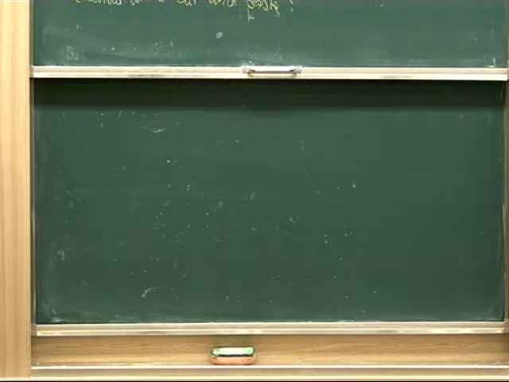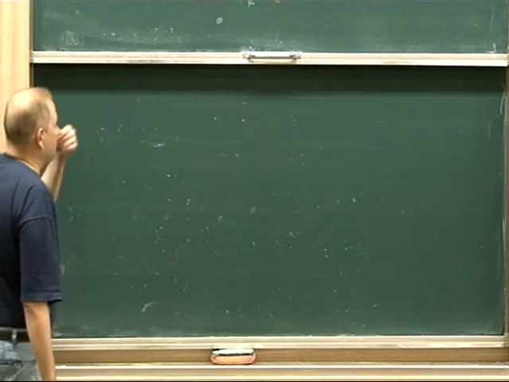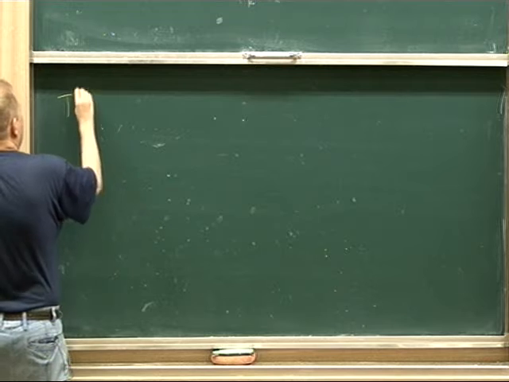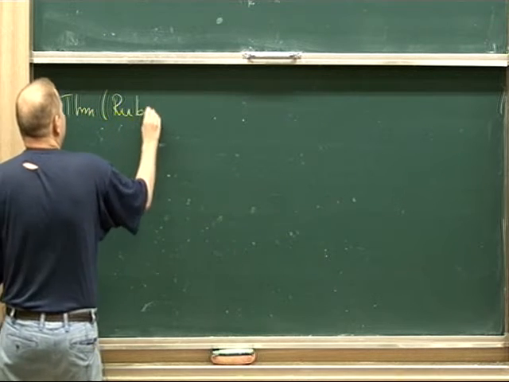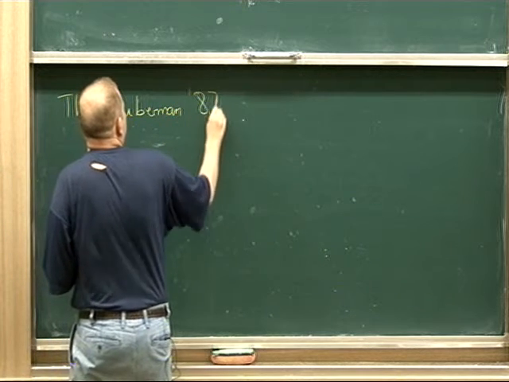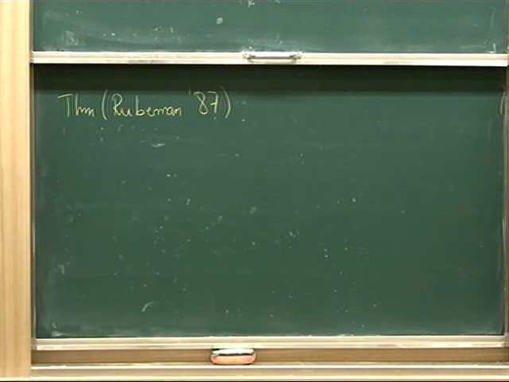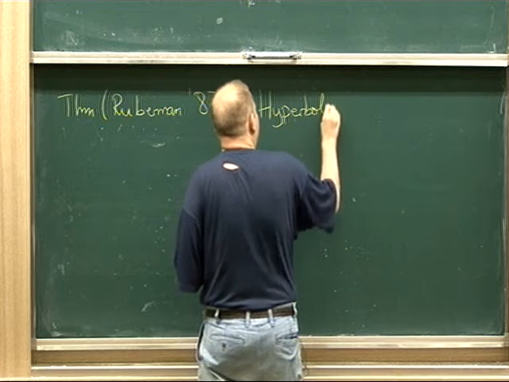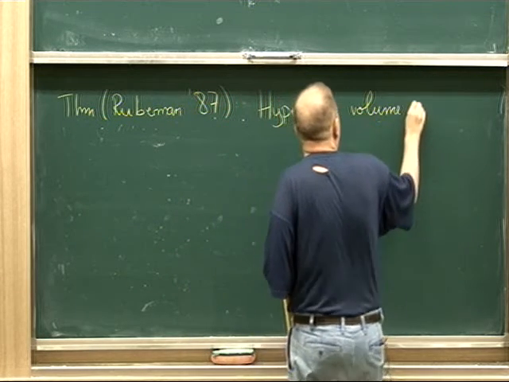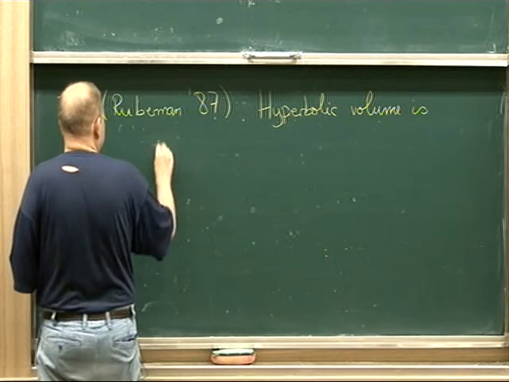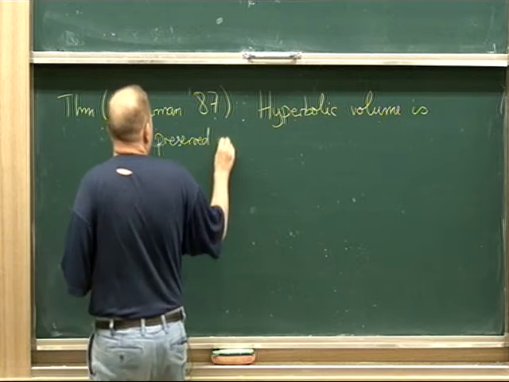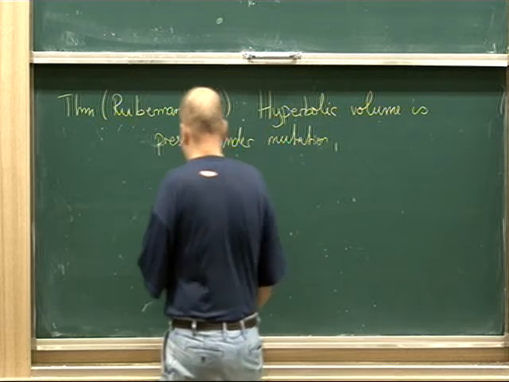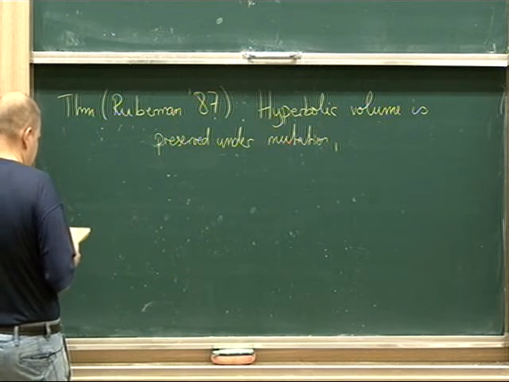And somehow one old theorem in this regard is Ruberman's theorem from the 80s, which says that hyperbolic volume is invariant under mutation.